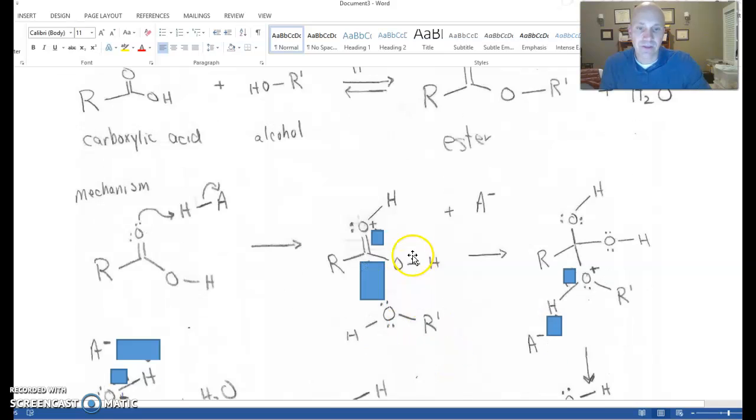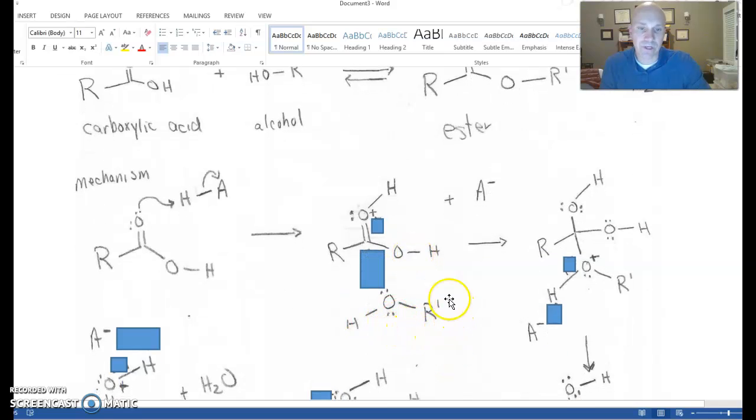Then somewhere close by we're going to have the alcohol, which we'll show right here. The purpose of that original step was protonating the carbonyl. Remember, this is the carbonyl group of that carboxylic acid. So this is a protonated carbonyl.